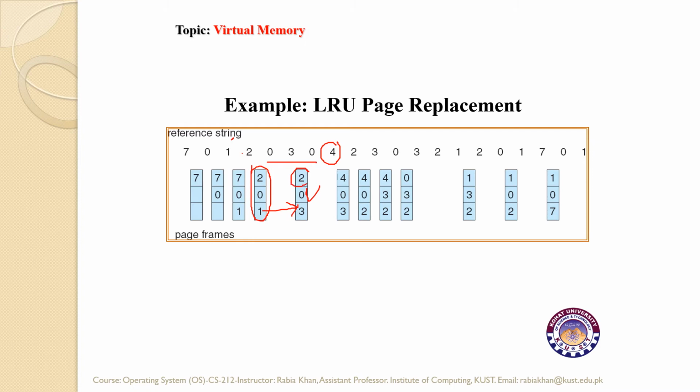So page number 2, which is not used in the recent past, goes out, and page number 4 comes in its place. Hence, the example goes on till the end. I hope you can complete it by the end of the string, applying least recently used on every next reference. I hope this must be clear to you now.